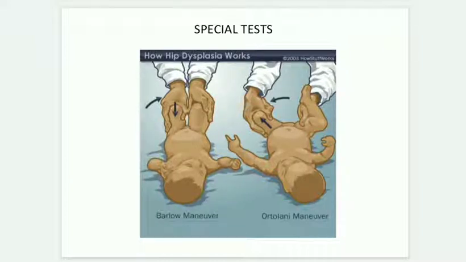It means the therapist will bring the hip into adduction, and minimal pressure is placed on the knee, so the force is directed posteriorly downwards. That is your Barlow test. Remember the 2 points: adduction of the hip and force posteriorly downwards.